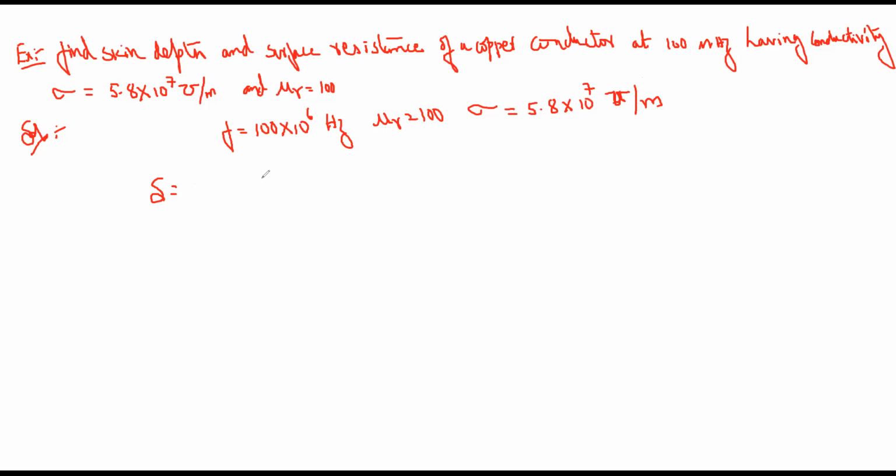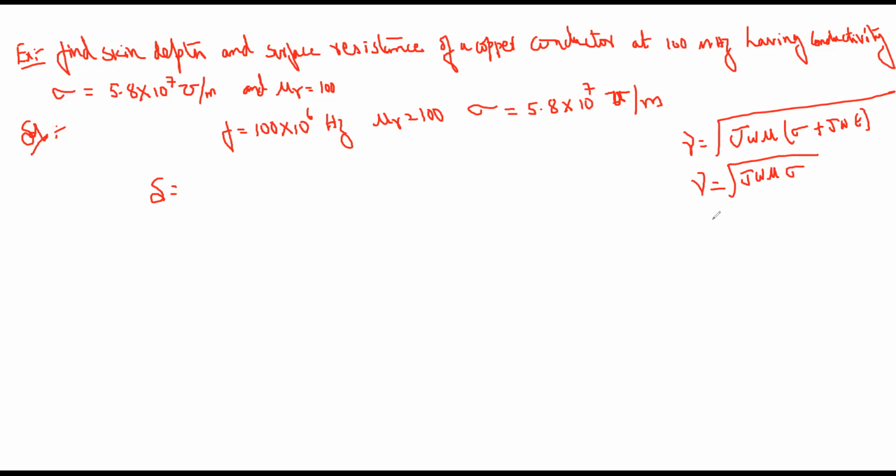Whenever the conducting medium is a copper conductor, having a high conductivity value, we only have the conductivity. There is no dielectric. So the propagation constant is j omega mu into sigma plus j omega epsilon. The conductivity is very high compared to the dielectric, so the formula becomes j omega mu into sigma.